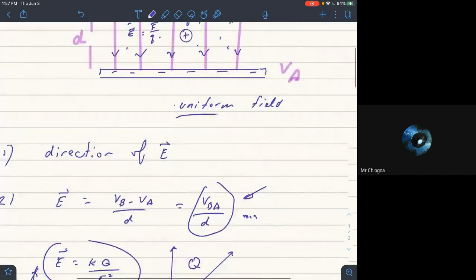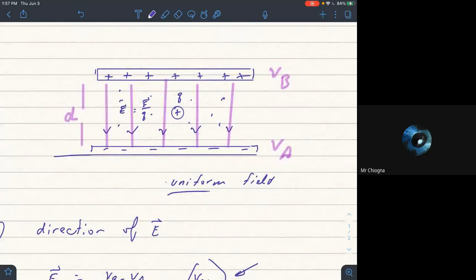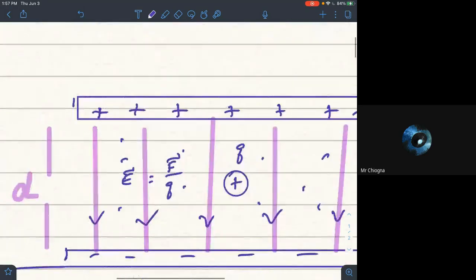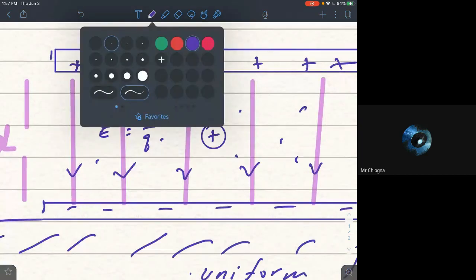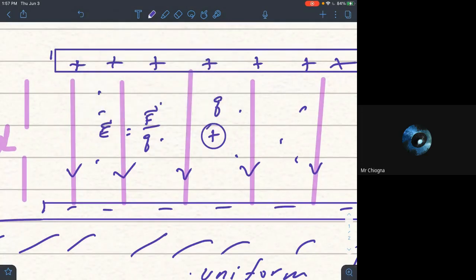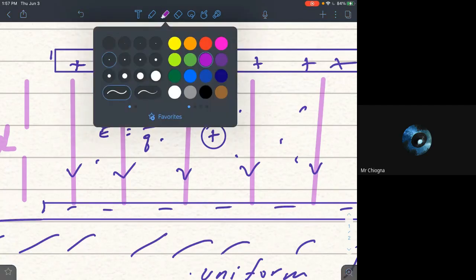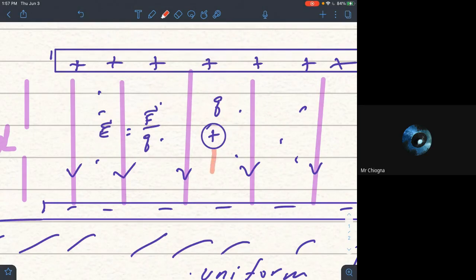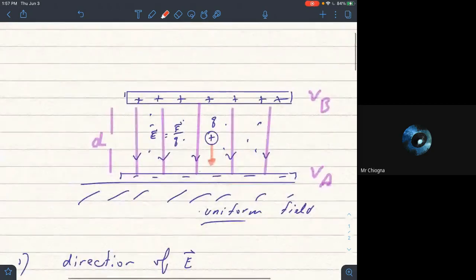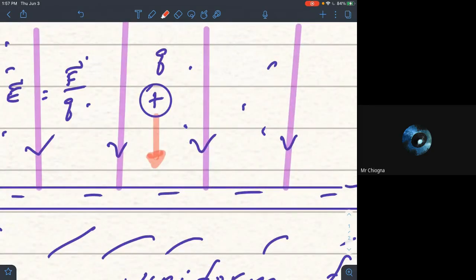And with this charge here, let's say this was on the ground, on the floor. What other force would be acting on that charge? First of all, what direction is the electric force acting on that charge? Down? That's not going to work.